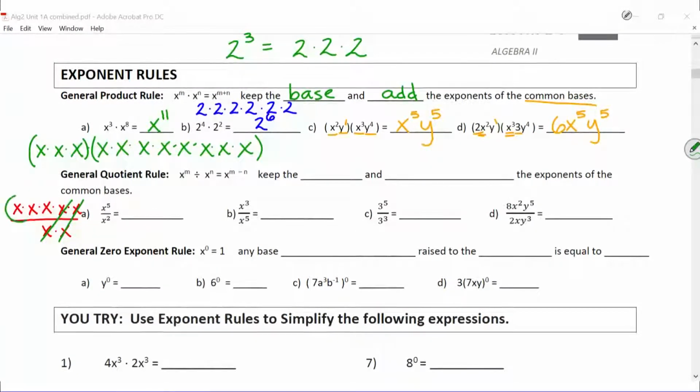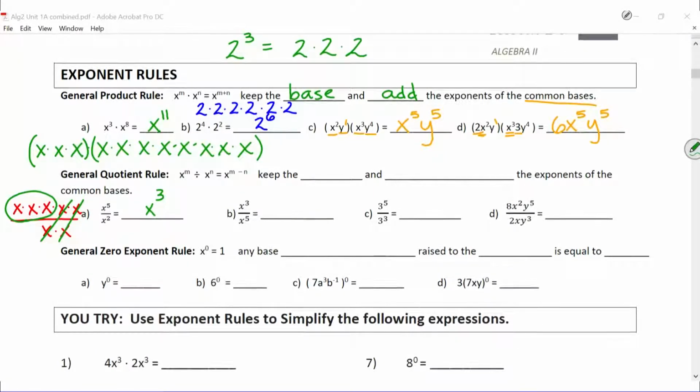Well, I have exactly 3 that are left. So I have x cubed left. Which means that if I have x to the fifth on the top, 5 x's, I can cancel off exactly the number I have in the denominator. So that equals 5 minus 2, because I'm canceling off 2 of those off the top of the 5.